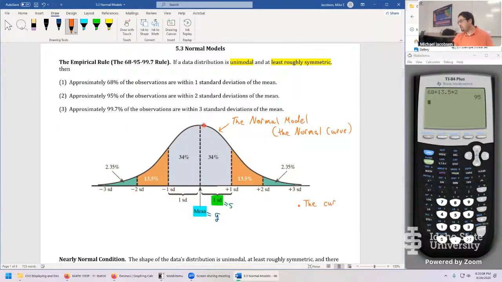The curve does not stop. It goes to the left and right forever. So it's an unending curve.